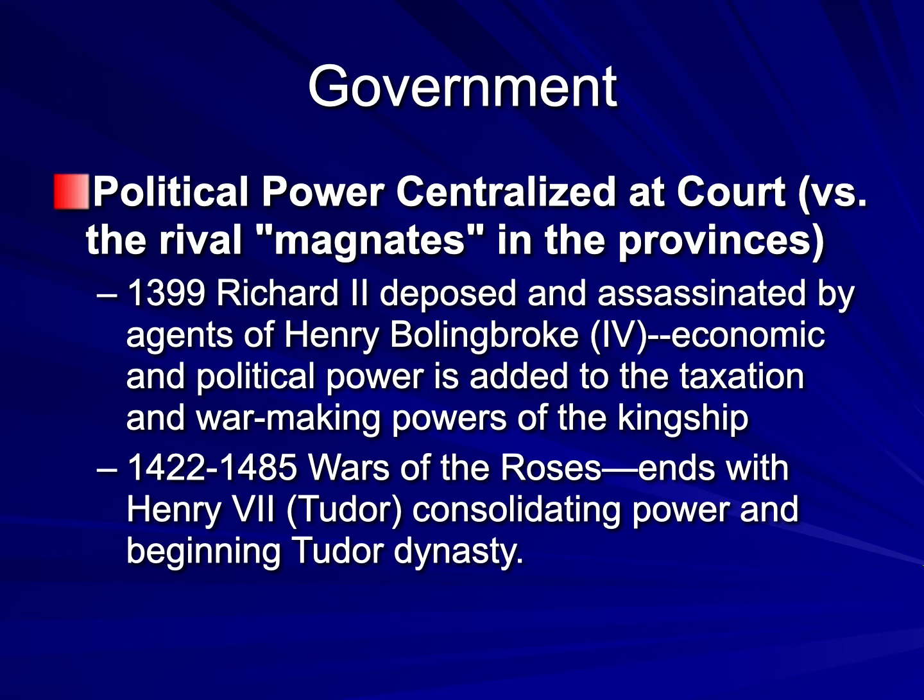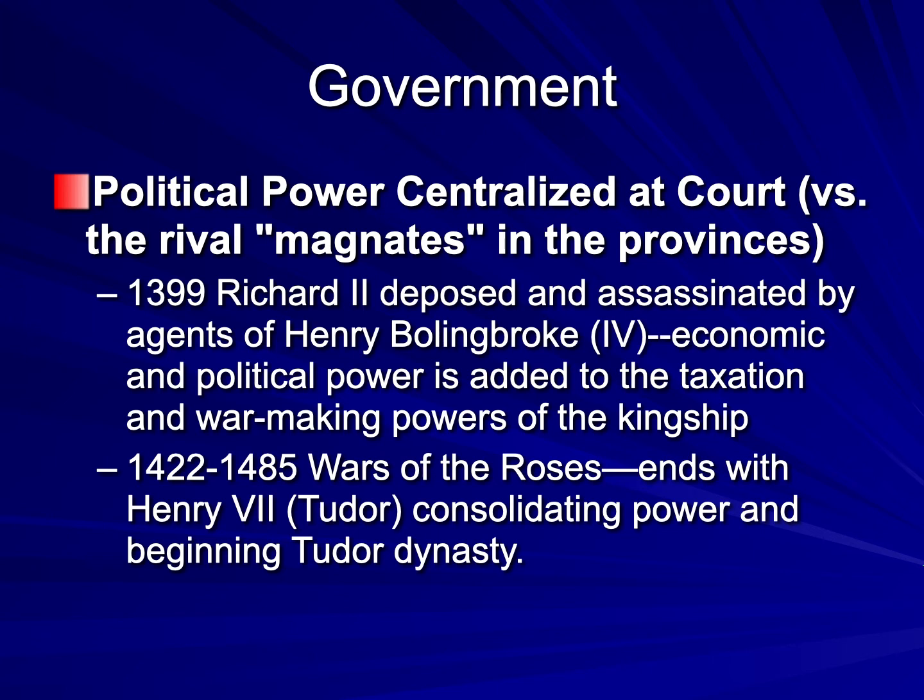We talked about government, having political power centralized at court instead of more disparate barons or important provincial aristocrats. In 1399, King Richard II is deposed and assassinated by the orders of Henry Bolingbroke, who will be Henry IV.